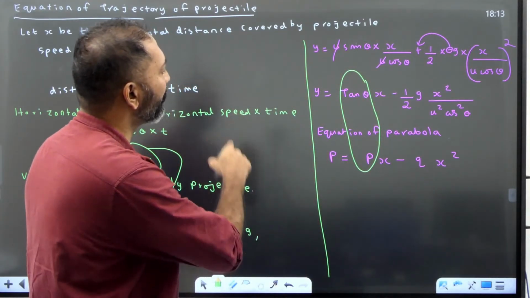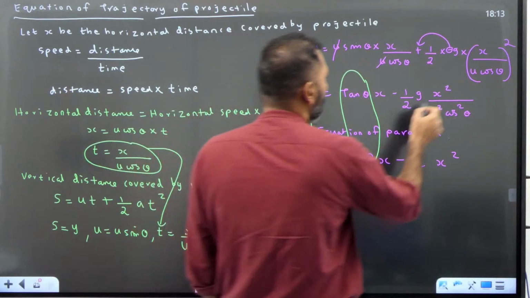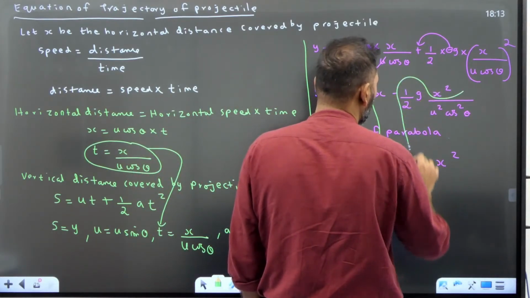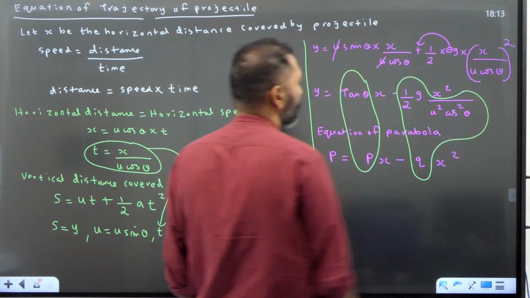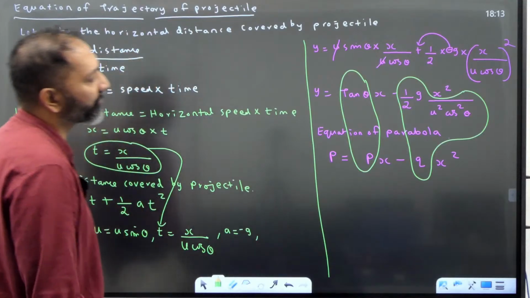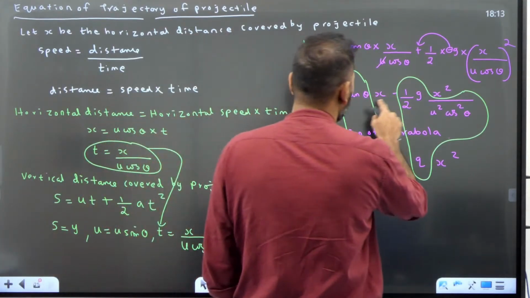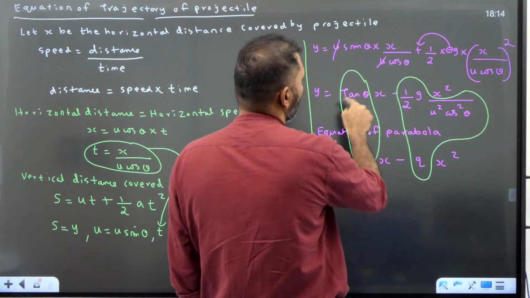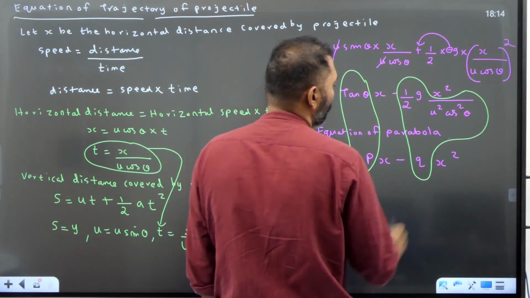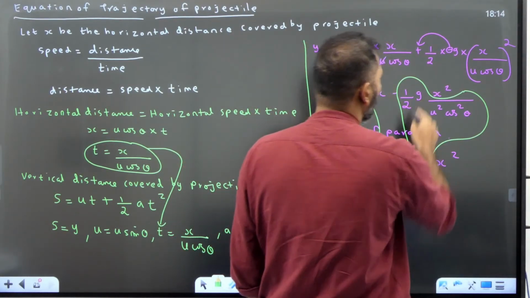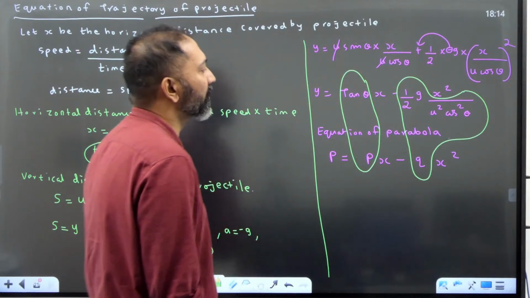Instead of p, we have tan theta. Instead of q, what we have? g by 2U square cos square theta. So original equation px, here we have tan theta x. Original equation qx square, instead of q, we have g by 2U square cos square theta.